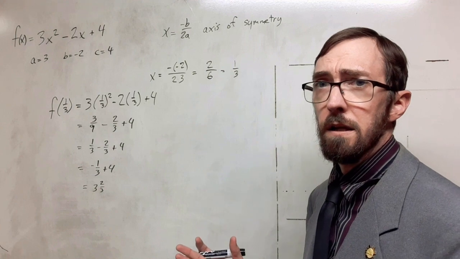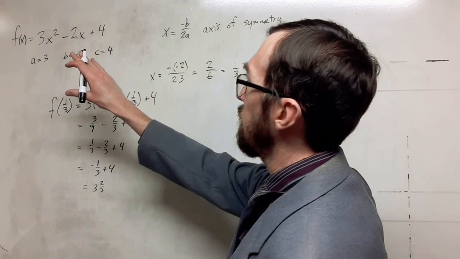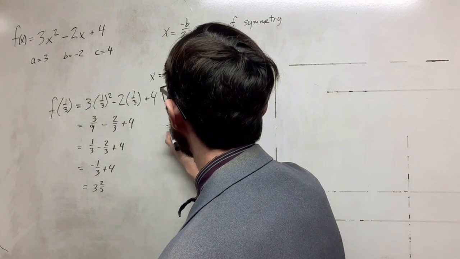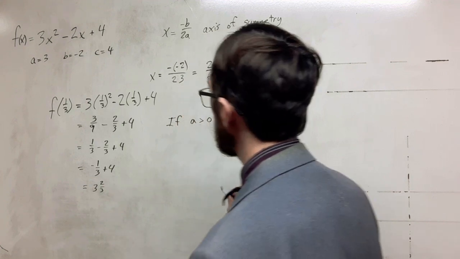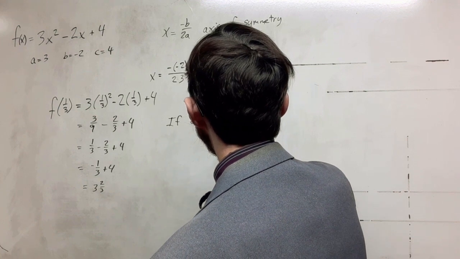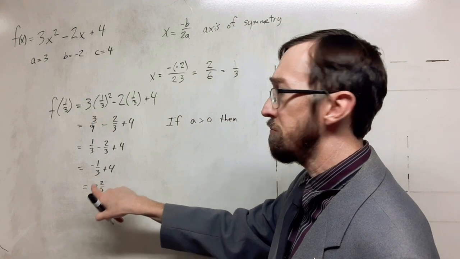How do we define whether this is maximum or minimum? Well, we do that based on the a value. If the a value is greater than 0, then this is a minimum.